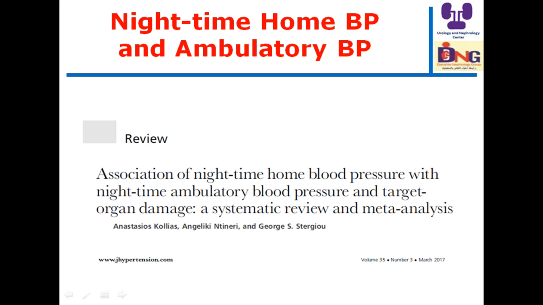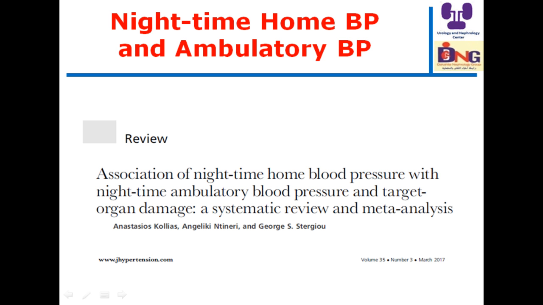Nighttime home blood pressure appears to have similar values to nighttime ambulatory blood pressure, and these monitoring methods are strongly correlated, have close agreement in detecting non-dippers, which is a very important point, and give comparable association with indices of preclinical target organ damage.